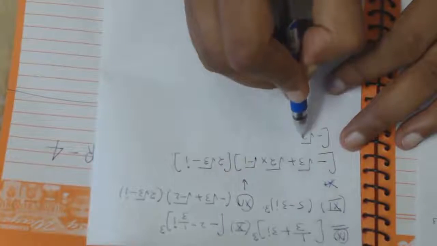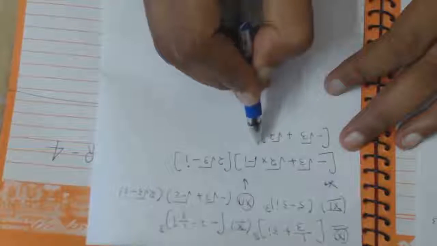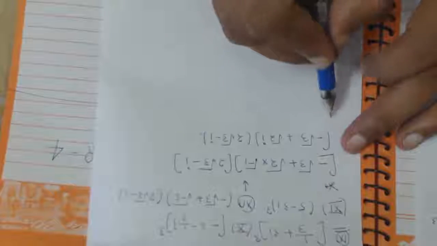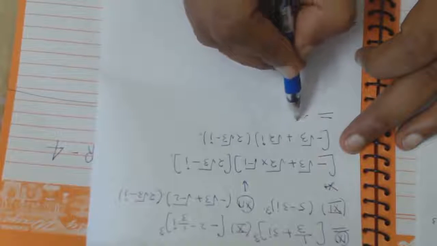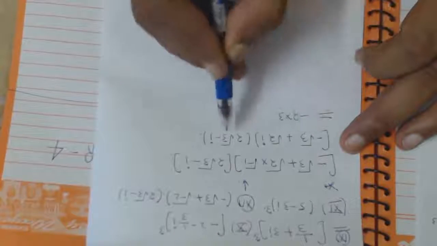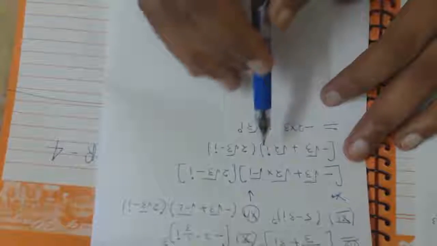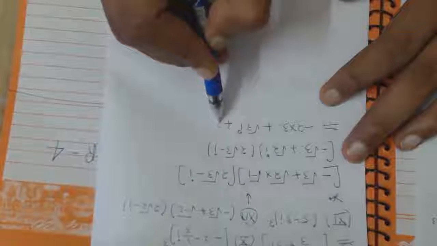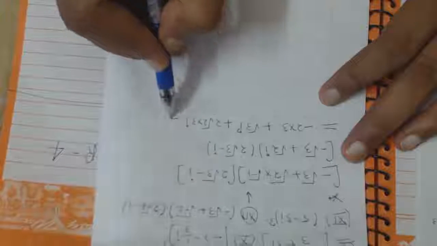This is minus root 3 plus root 2 iota, and this is 2 root 3 minus iota. Now minus root 3 when multiplied by these two numbers will give you minus 2 into 3 plus root 3 iota. Now this root 2 iota when multiplied by these two numbers will give you 2 root 2 into 3 iota minus root 2 iota square.